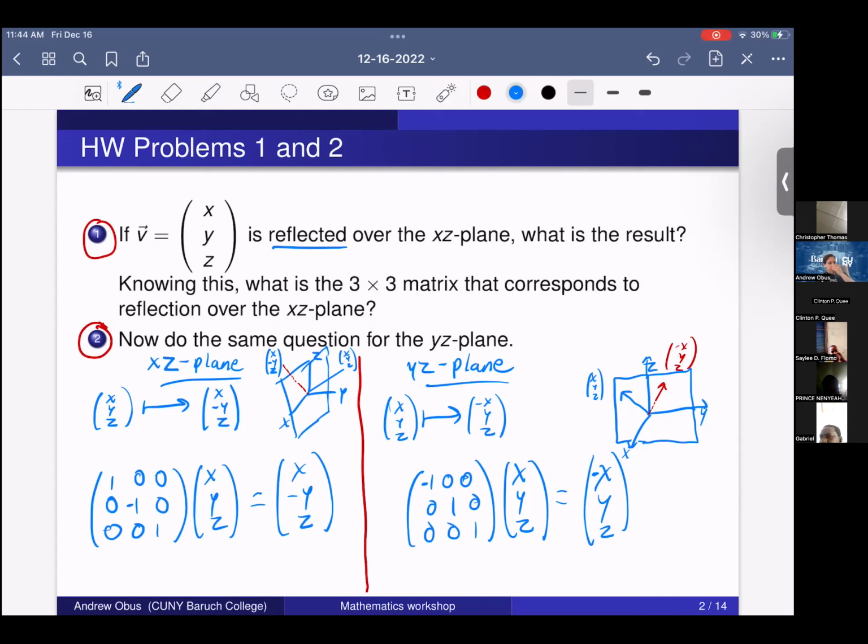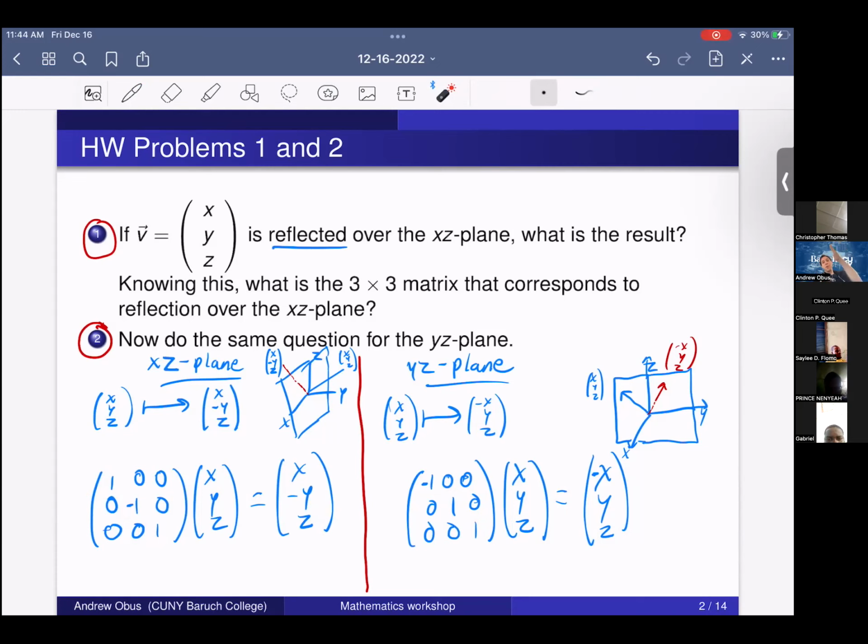Exactly. So that becomes a negative 1. Okay, so these are the matrices that give us the reflection. Here I have 1, minus 1, 1 down the diagonal. And here I have minus 1, 1, 1 down the diagonal. Okay, so this is the first 2 homework problems. So these matrices give us these reflections.